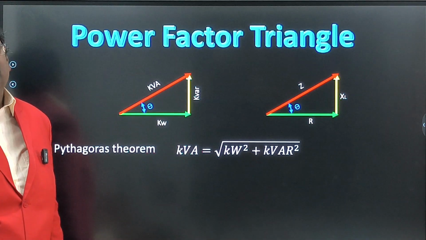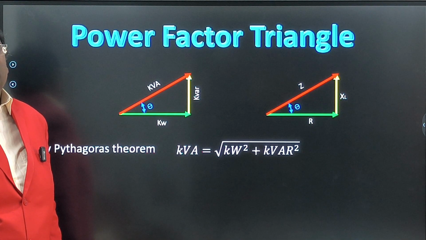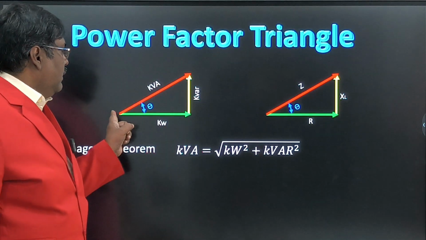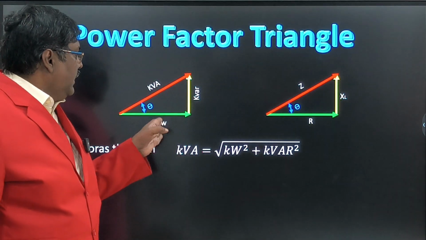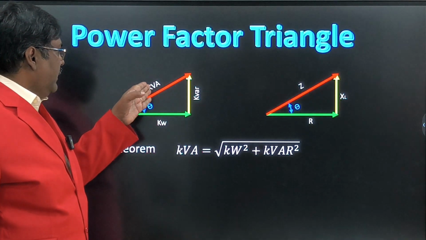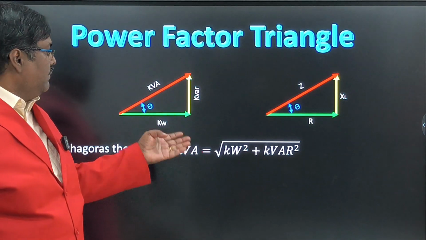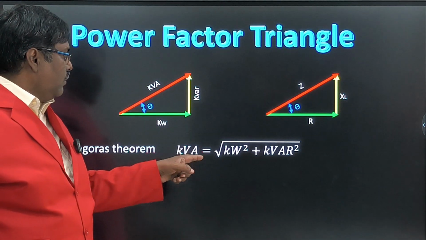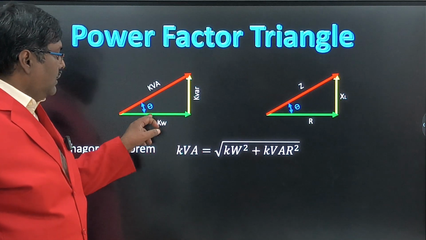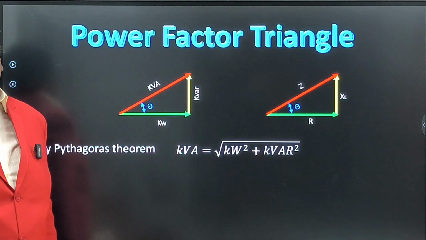You cannot add directly, because it is a right angle triangle. Because of the squares, we take the square root. Very simple.